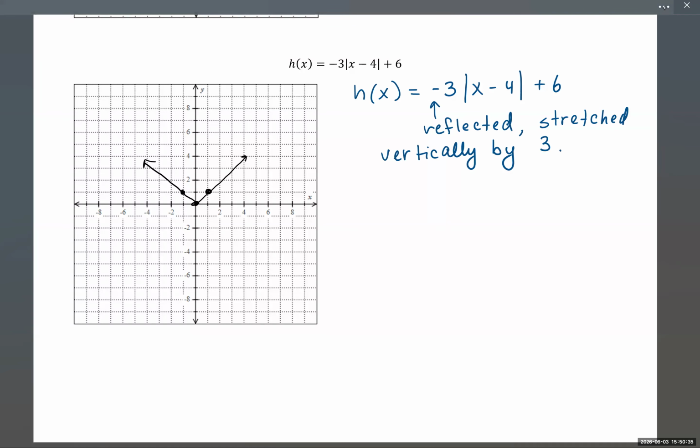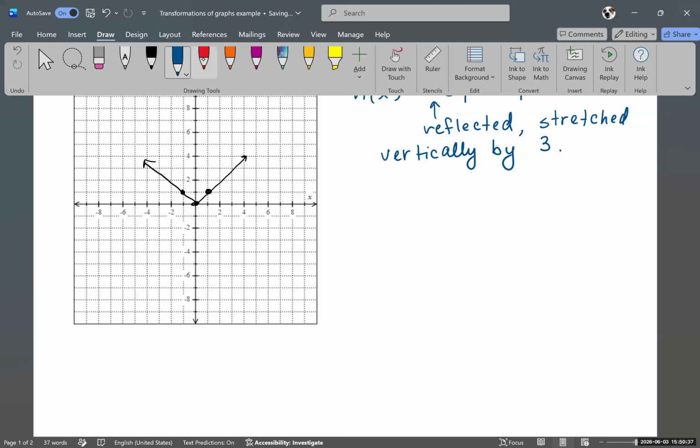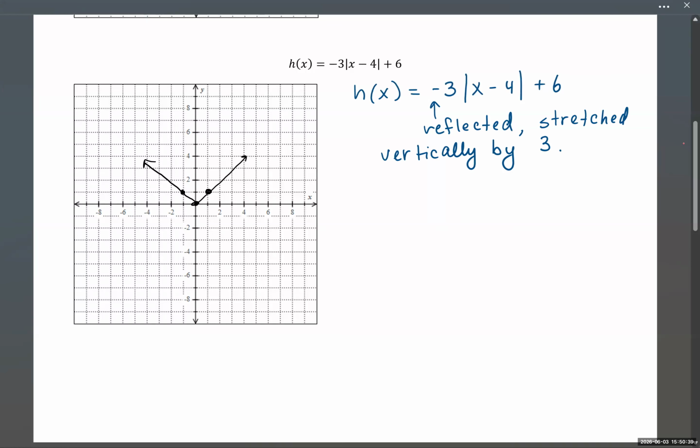Now, the -4, or what looks like a -4, inside of the absolute value bars, you have to be careful with that one. I said -4, it's not true. This negative sign goes with the x, so actually that is just a 4, it's a +4. So the function has been translated.